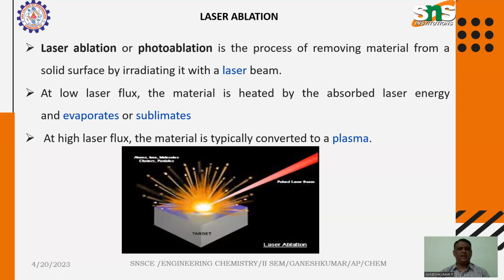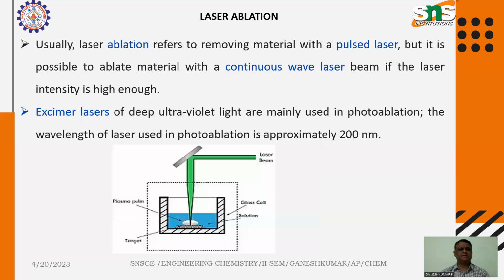So when the laser falls on the target material, sputtering takes place. Usually, laser ablation refers to the removal of material with a pulsed laser, but it is possible to ablate a material with a continuous wave laser beam if the laser intensity is high enough.